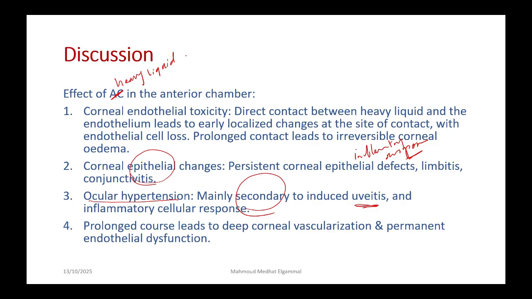If this is left untreated and the heavy liquid is not taken out of the eye, a prolonged course leads to deep corneal vascularization and permanent endothelial dysfunction. Deep corneal vascularization is in contrast to superficial corneal vascularization, which is secondary to ocular surface disease and can be managed by a few things like oral doxycycline and fine needle diathermy.